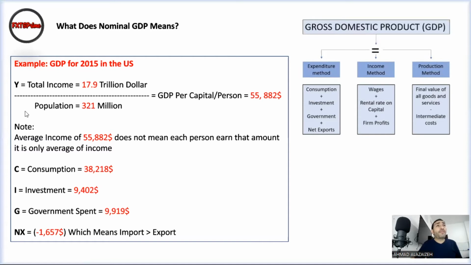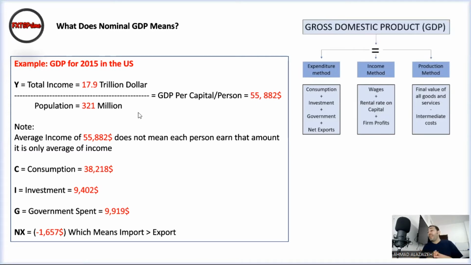So in 2015, the total income of the United States was $17.9 trillion, and the population was 321 million people.